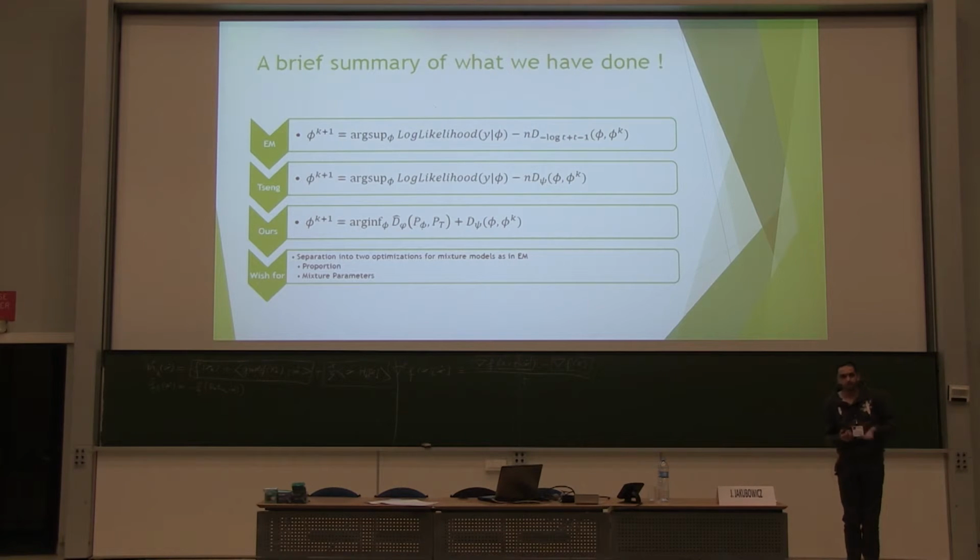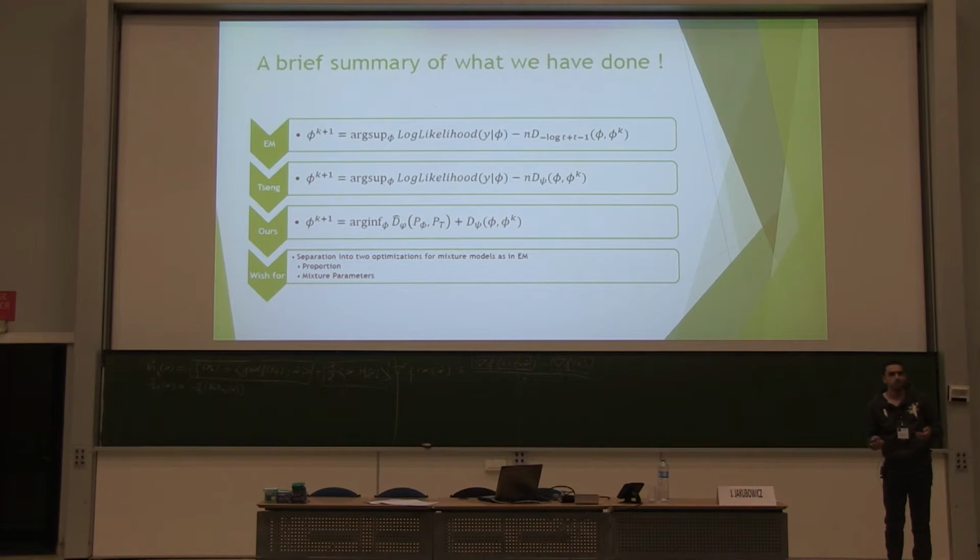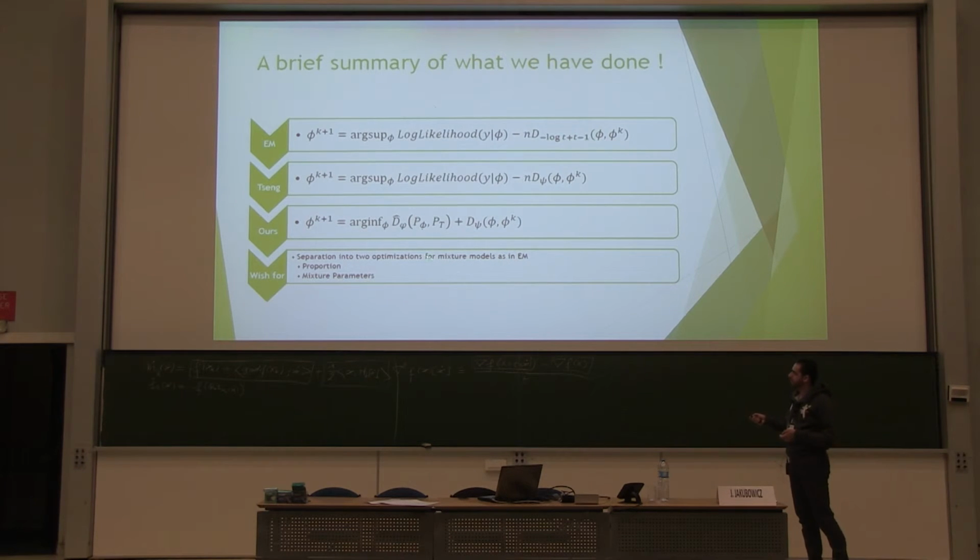What I wished for was to separate this line of optimization into two sub-optimizations in the same way the EM algorithm does for mixture models. For mixture models, the EM algorithm applies the optimization for the proportions apart and for the parameters defining each class apart.